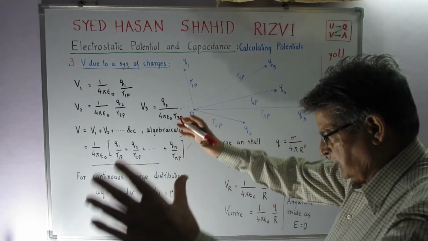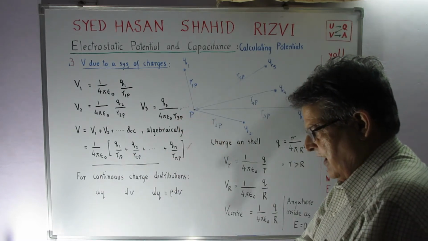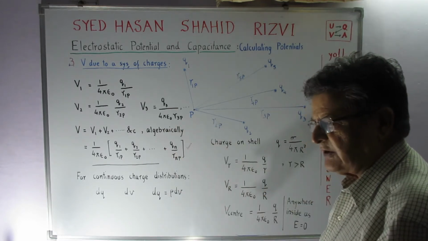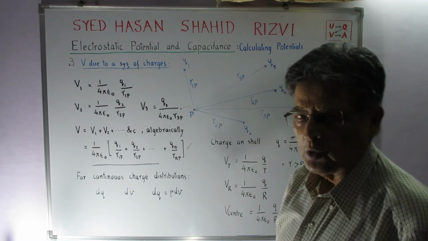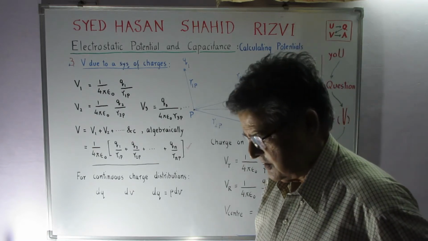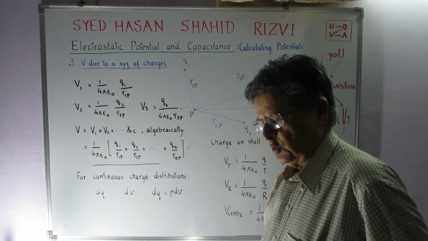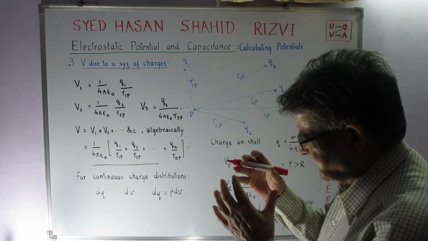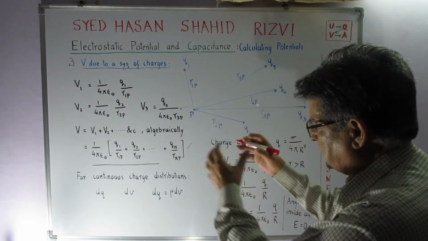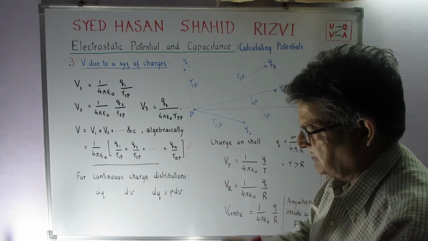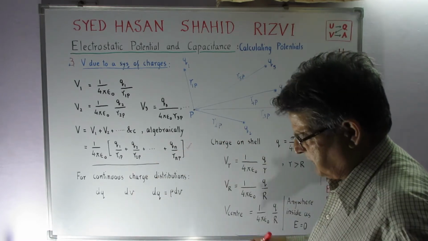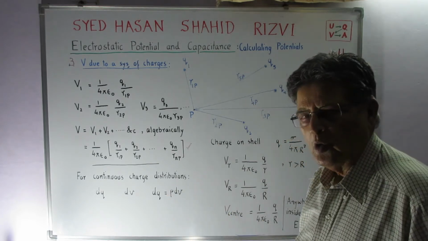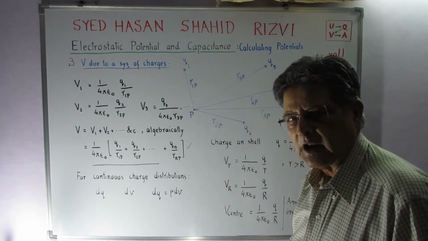Now, inside this, we argued that the field inside is equal to 0 everywhere. Then whatever is the potential at the center, the same will be the potential anywhere inside, because if we want to move from one point to another point, no work will have to be done.